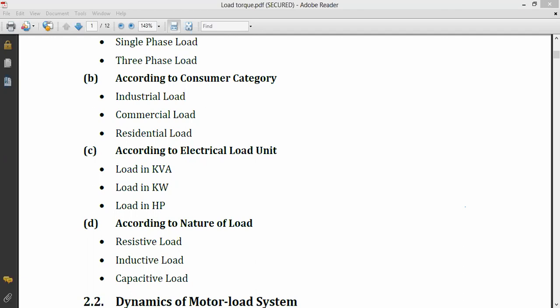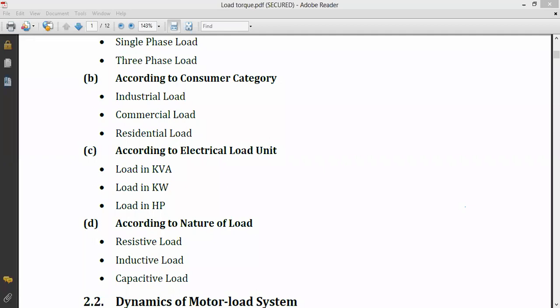Okay. Number 3, according to the electrical load unit. We all know in electrical, there are 3 types of power available. One is called active power, another is called reactive power, and third is called apparent power. Active power is VI cos phi, that is the product of voltage into current into the power factor.